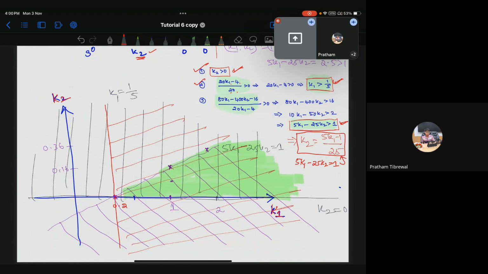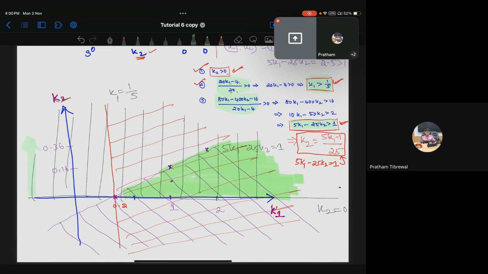So what is the first region? k2 greater than 0 is above this direction, correct? Above the k1 axis.